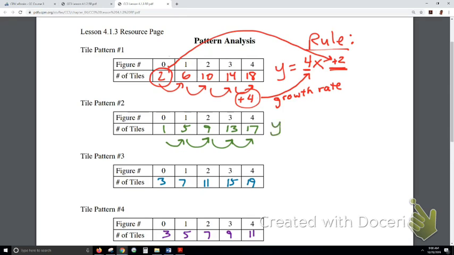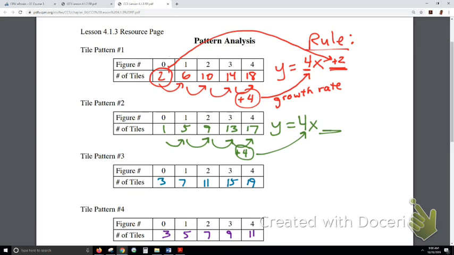Okay, so the second one, it's going to be y equals, again, we're looking at how many tiles are being added each time, and we see that it's a plus 4. So we're going to write 4x. Again, that number happens to be 4 again. And then how do we find this number right here? Hopefully you remember, we're looking at figure number 0.